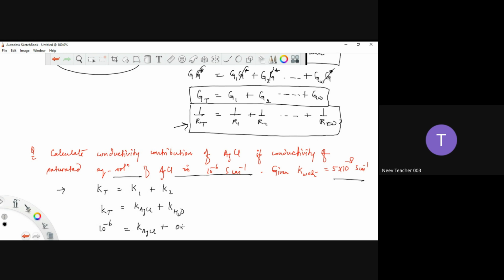So can I write 0.05 into 10 to the power minus 6? Then KAgCl will be 10 to the power minus 6 minus 0.05 into 10 to the power minus 6. So that will be 1 minus 0.05 into 10 to the power minus 6. So what is left? 0.95 into 10 to the power minus 6.